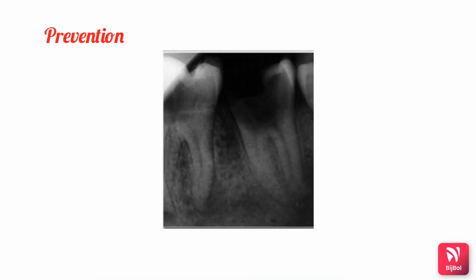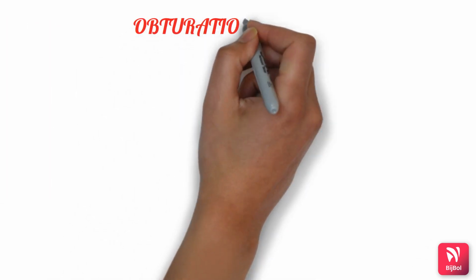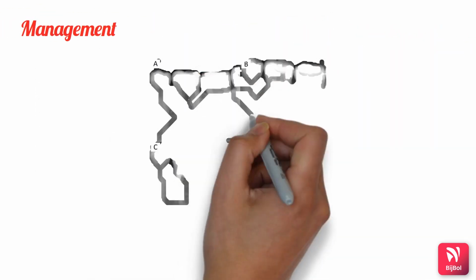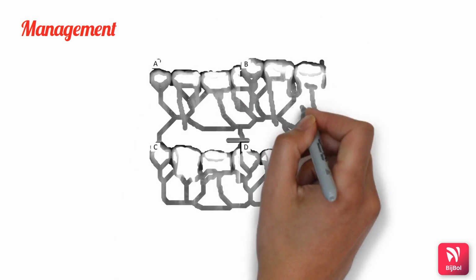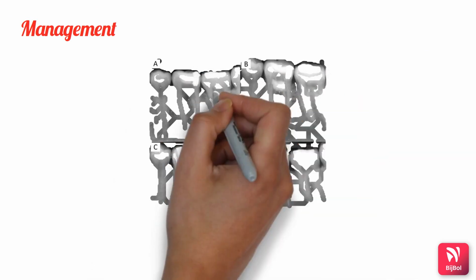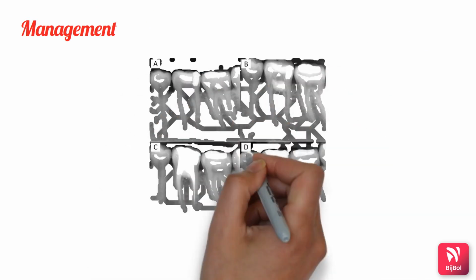So this is the case in which the perforation repair in the mandibular left first molar is done. Here is the preoperative radiograph, and the radiograph is showing the focal perforation here. So after the perforation repair with amalgam is the third radiograph.